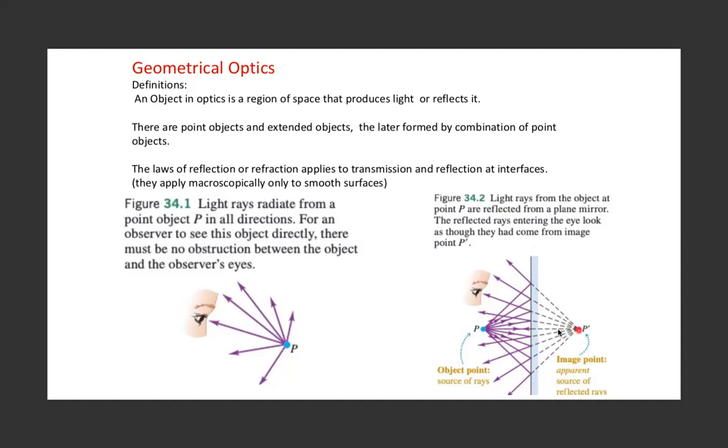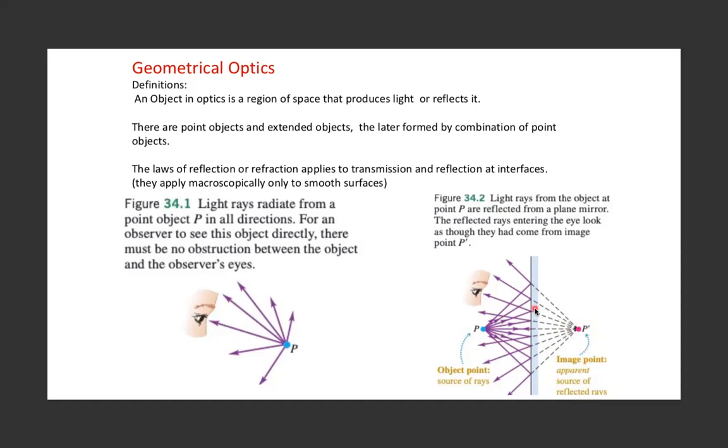There's no electromagnetic field at this point, but simply because of the laws of reflection, the image you see gives you the idea that this point, which is actually in front of the mirror, is behind the mirror. So this is an object point, the source of the rays, and this is the apparent position of the source. This is an image point, okay?